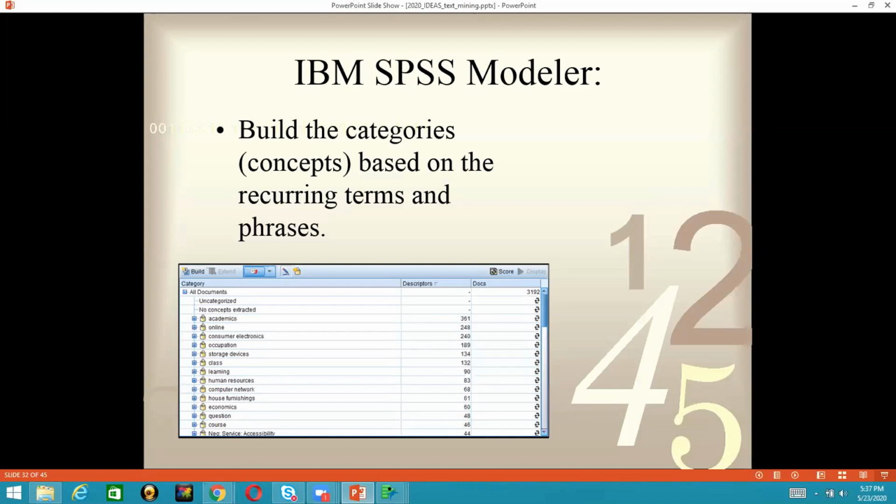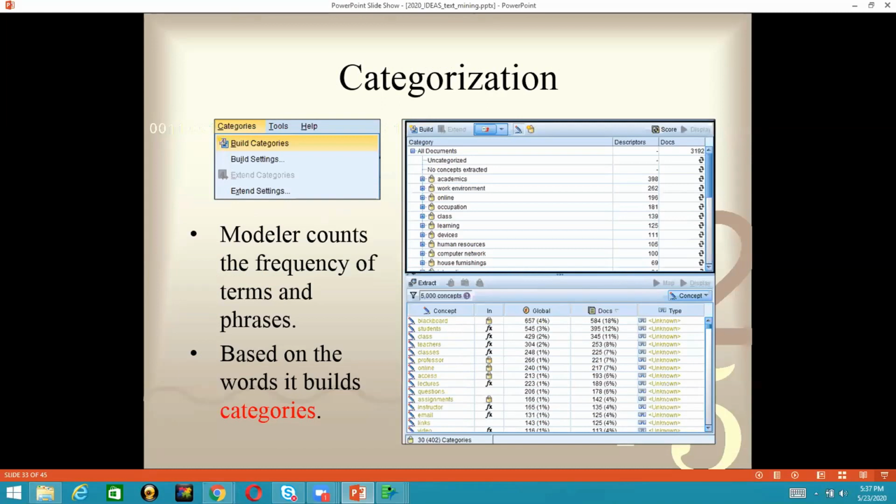Here is IBM Modeler, the same data. Here you see the recurring terms and phrases, and now I do one step further. The recurring terms and phrases are written by the users. If I do that only, then it's nothing more than traditional content analysis: I count how many people mention this, how often people mention that.